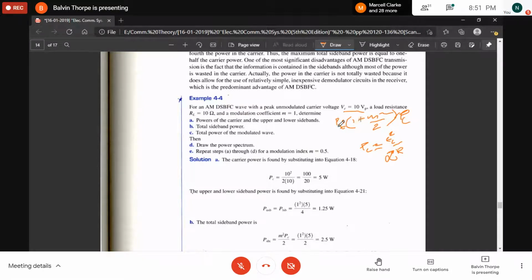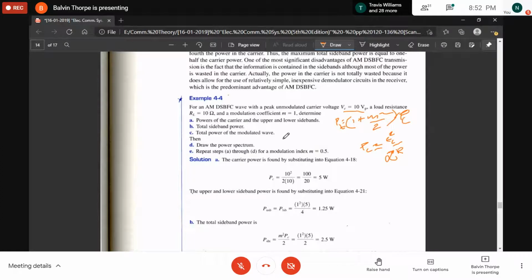So the total power is going to be 1 plus, what's the modulation index? It's 1. So it's 1 plus a half, 1.5 times 5. That's 7.5. So our total power in this AM wave will be 7.5 watts.